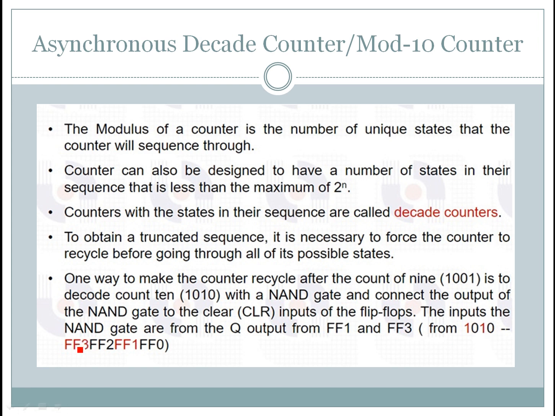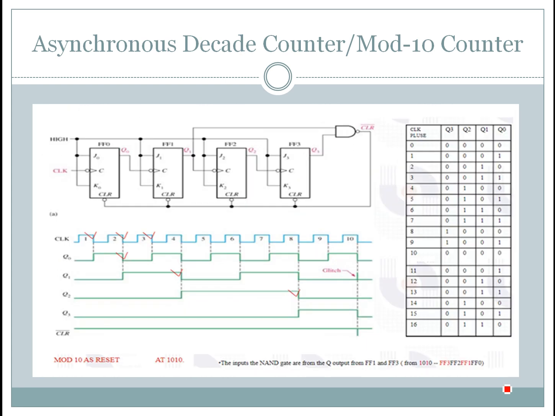Here you can see FF3 and FF1, both the values are 1. So connect the outputs of FF3 and FF1 to the NAND gate. The output of the NAND gate connects to the clear input of all the flip-flops, hence all the flip-flops will be cleared or reset to 0. That we'll see in the circuit diagram here.